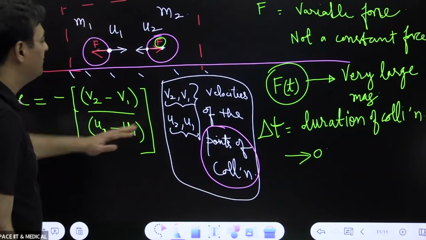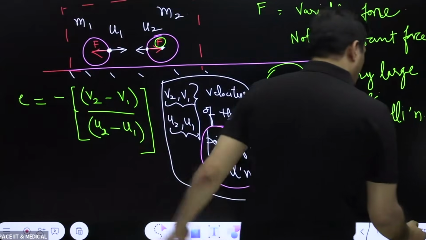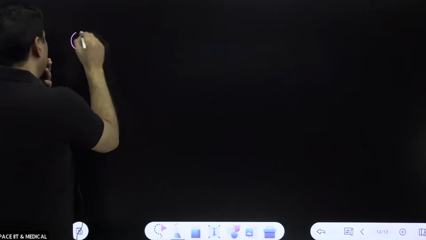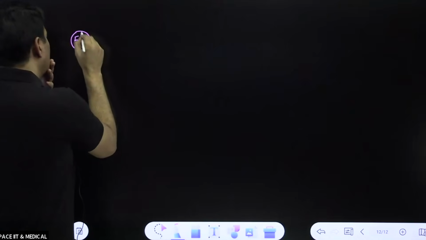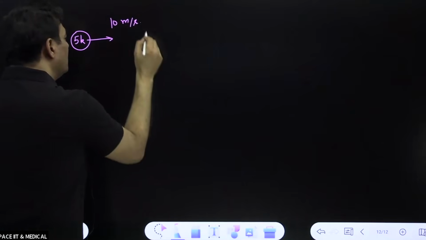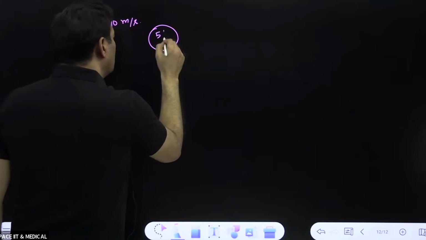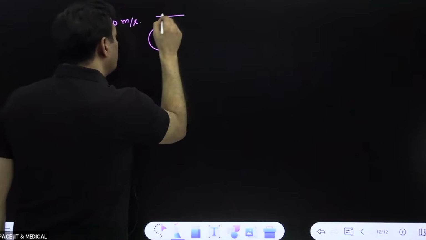For this simple thing, we will do it quickly. Let's do a simple problem, where we don't have to worry too much. A 5 kg ball moving with 10 meter per second. Another 5 kg ball moving with 20 meter per second.